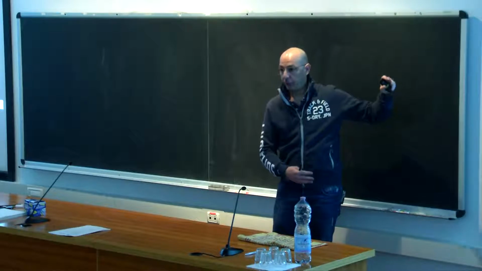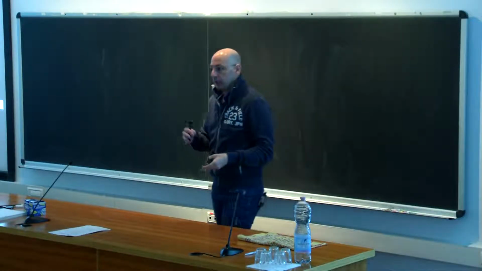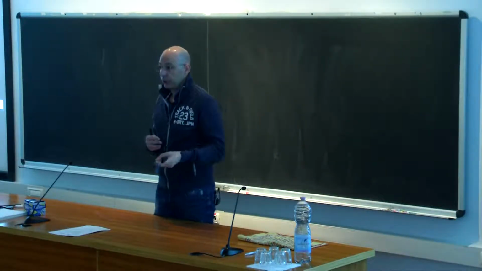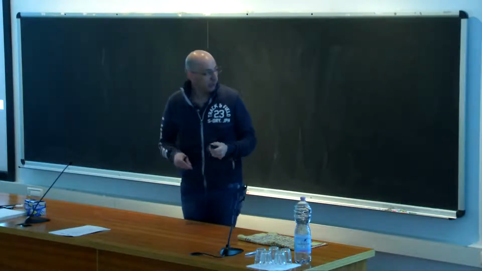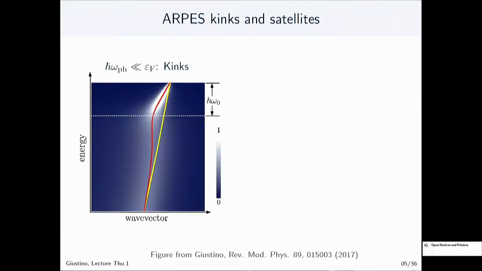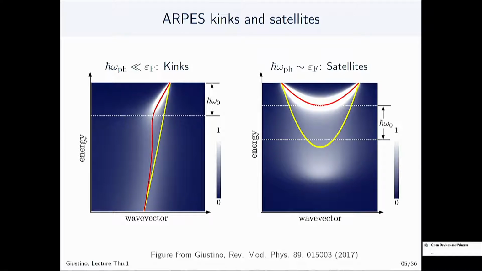So these two numbers are very different. But imagine a situation where the Fermi energy is comparable to the phonon energy. So what is going to happen is that this object will happen on the same energy scale as the bandwidth. And if you do the same exercise, you get something quite different.